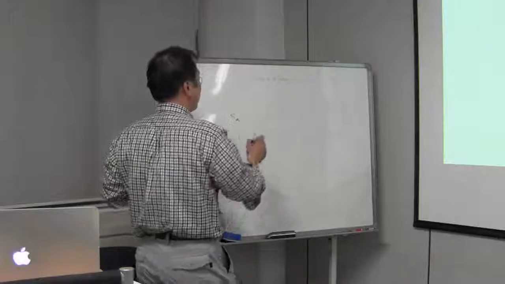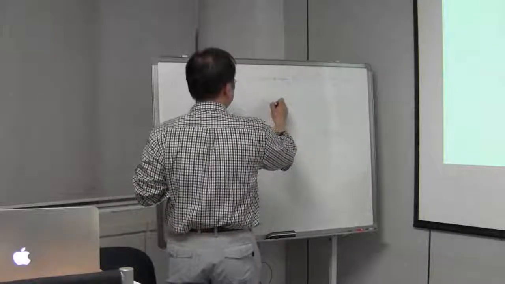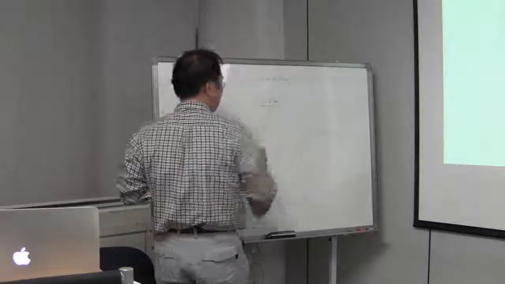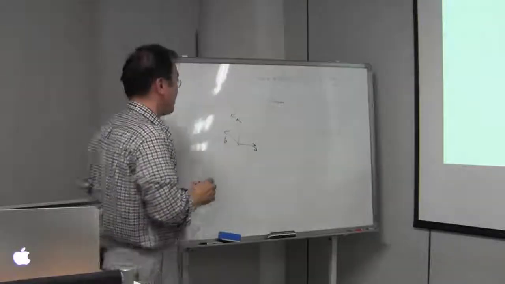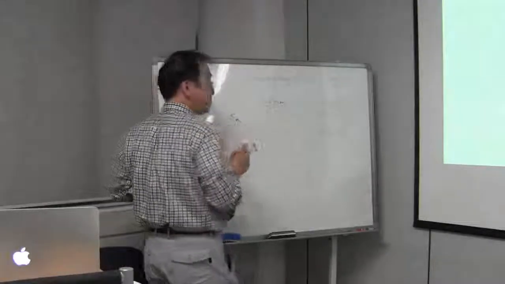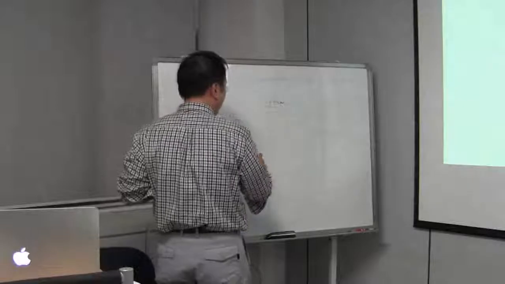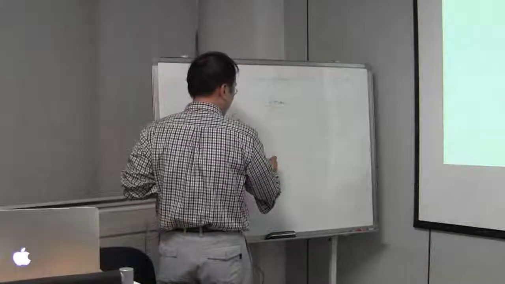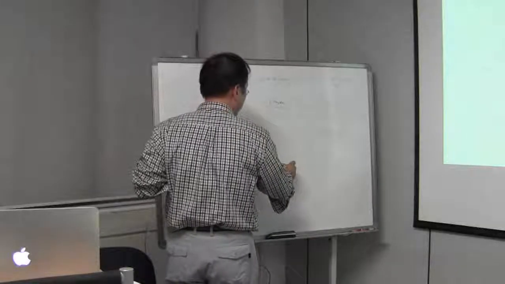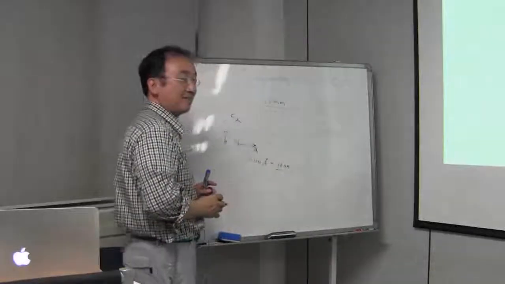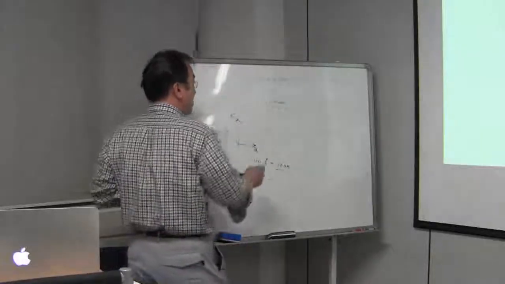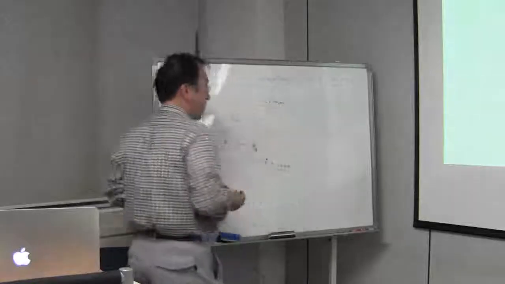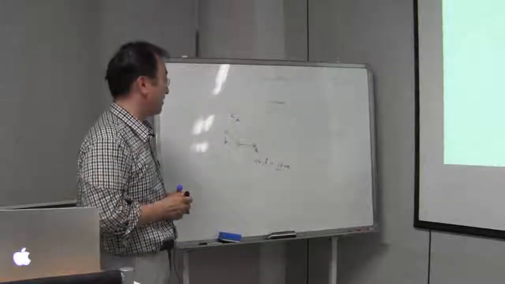Let's say the typical dimension is 0.1 millimeter. Also, the typical dimension of A, for simplicity of calculation, let's say 100 angstrom, which is 10 nanometer, right? Then how many copies do we have along A?